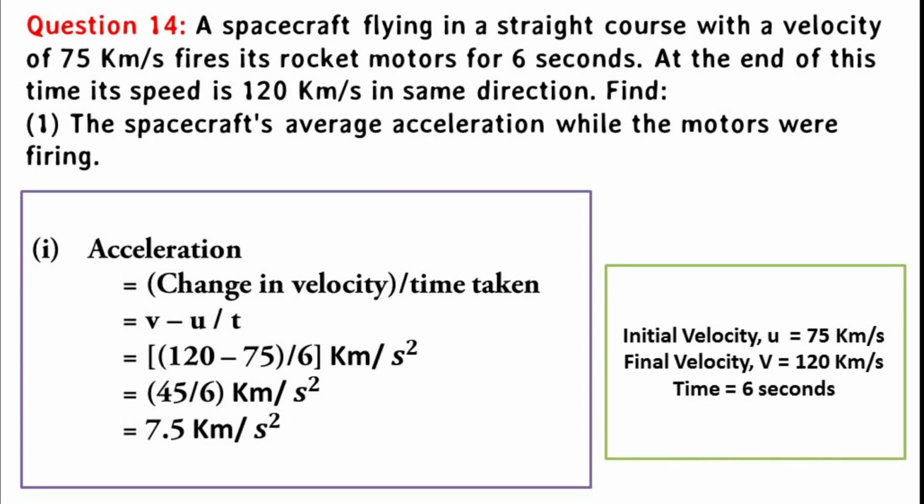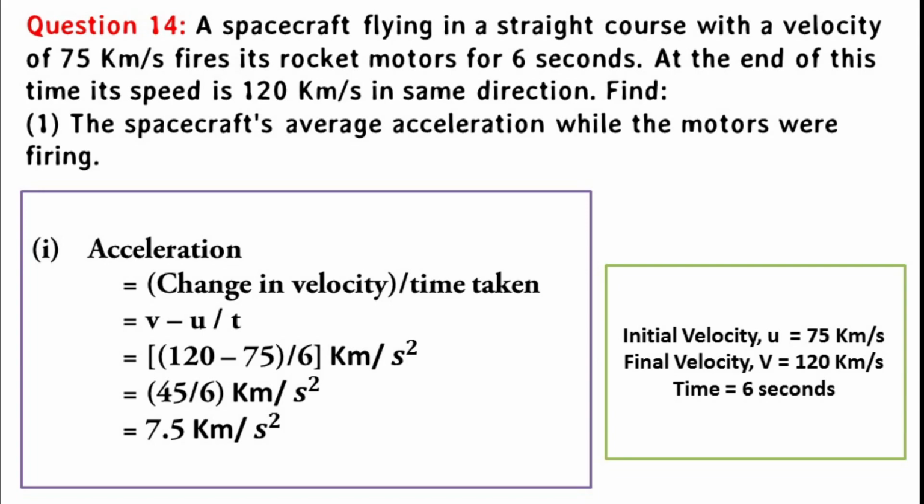We know the formula, acceleration is equal to change in velocity divided by time, which is equal to v minus u divided by t. Substituting the values, 120 minus 75 divided by 6, which is equal to 45 divided by 6 kilometer per second square, which is equal to 7.5 kilometer per second square.